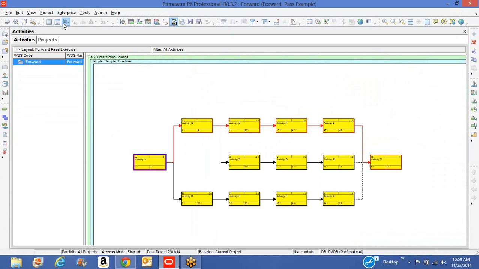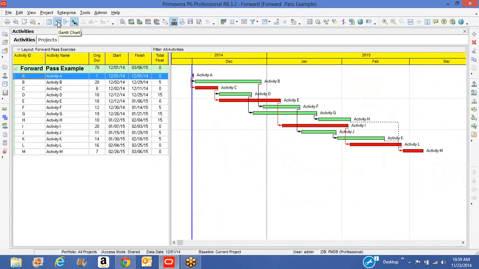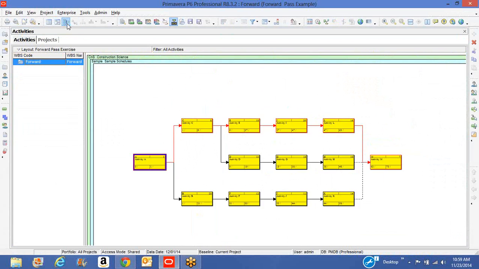So again, going back to the more traditional Gantt chart, you can see that activity A is almost non-existent. It looks a lot like a milestone as a practical matter. So when we switch to this network diagram, and we remove the time scale, it gives every activity equal weight. So we're going to look at running the forward pass first.